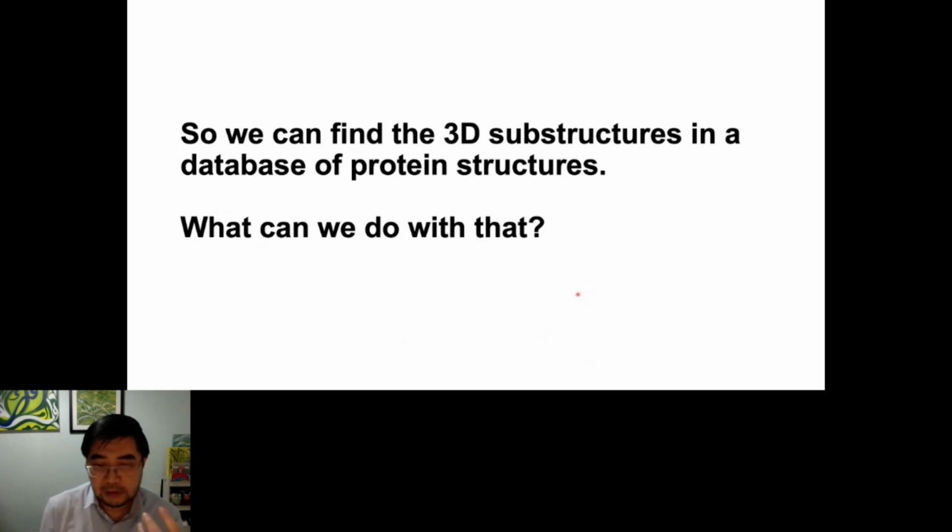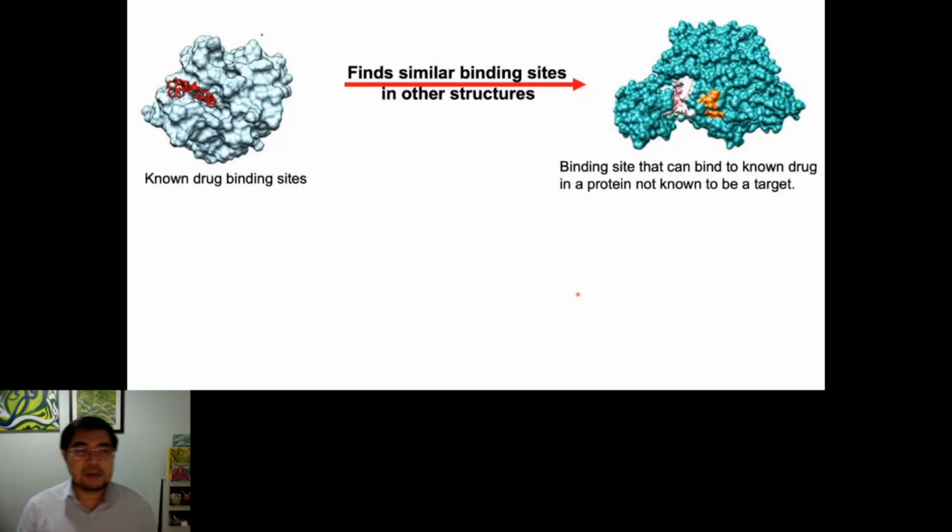So what can we do with that capability? One of the things that we tried looking at is whether we can take known drug binding sites and then find similar binding sites in other structures. And those other structures might be proteins that are not known to be a target for that particular compound.